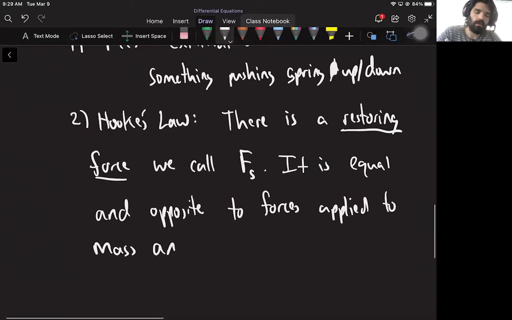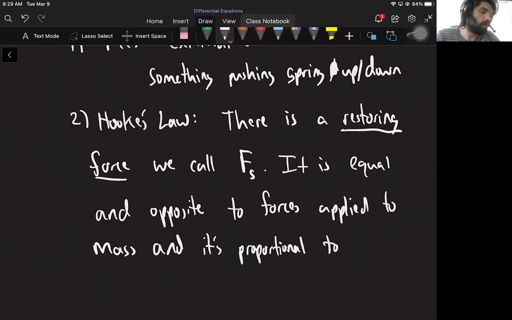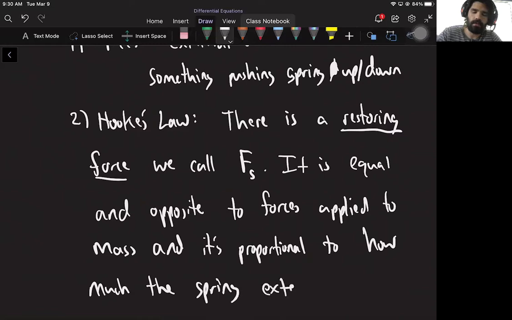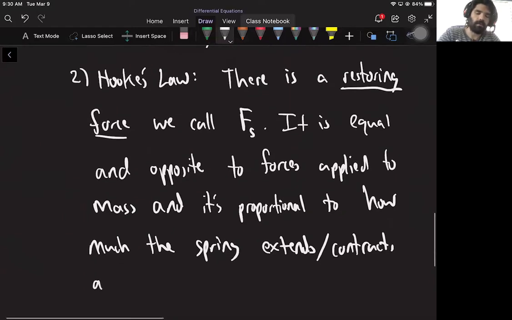And more importantly, this is how we always figure it out. It's proportional to how much the spring extends or contracts as a result of that force.